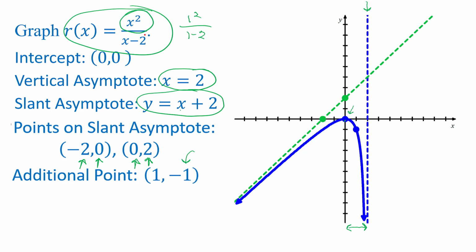The factor in the denominator from which I got the vertical asymptote is raised to the first power. That's odd. That means that to the right of the vertical asymptote, my graph is going to be headed towards +infinity. The graph will look something like this. And again, as we head to the right here, we're going to be approaching that slant asymptote. So here we have our graph.